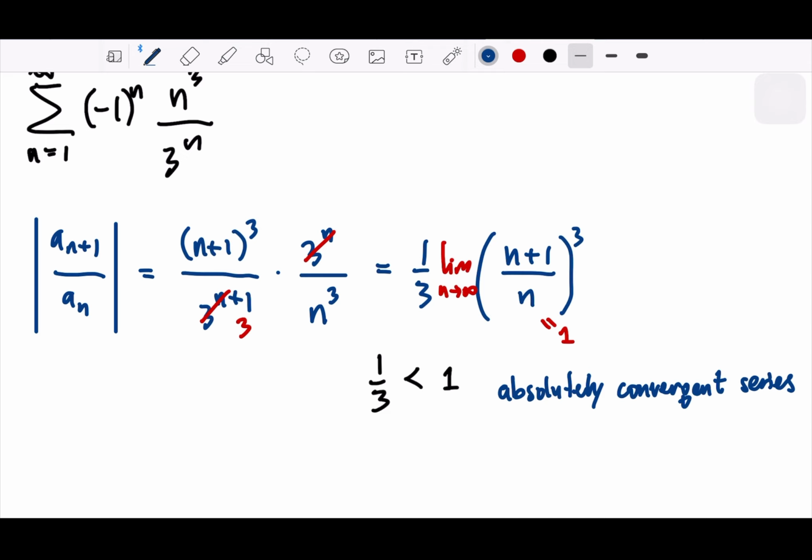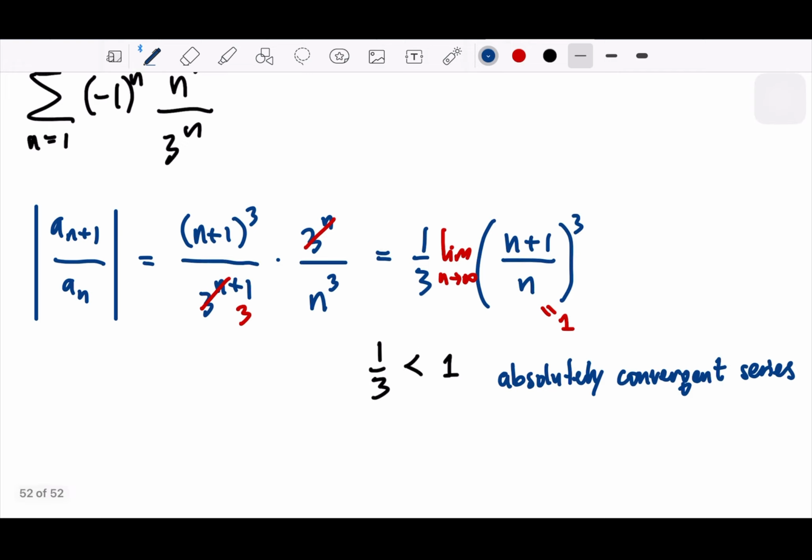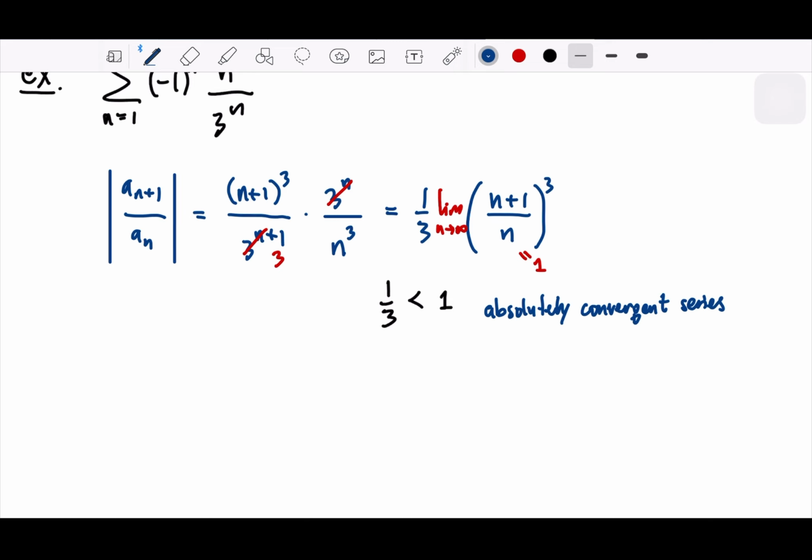But sometimes, for some cases, we have some failure, or we fail to reach a conclusion. For example, some simple series like 1/n or 1/n squared. Let me just take 1/n squared.